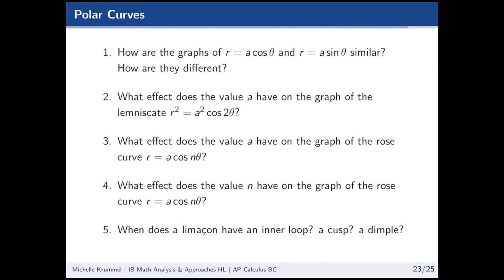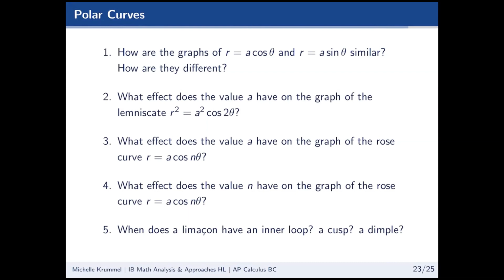And finally, based on the observations you made in that interactive demonstration, I want you to think about these questions. How are the graphs of r equals a cosine theta and r equals a sine theta similar, and how are they different? What effect does the value a have on the graph of the lemniscate r squared equals a squared cosine 2 theta?